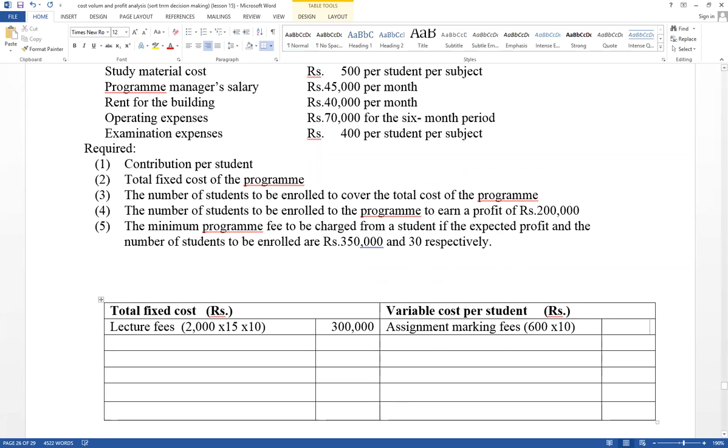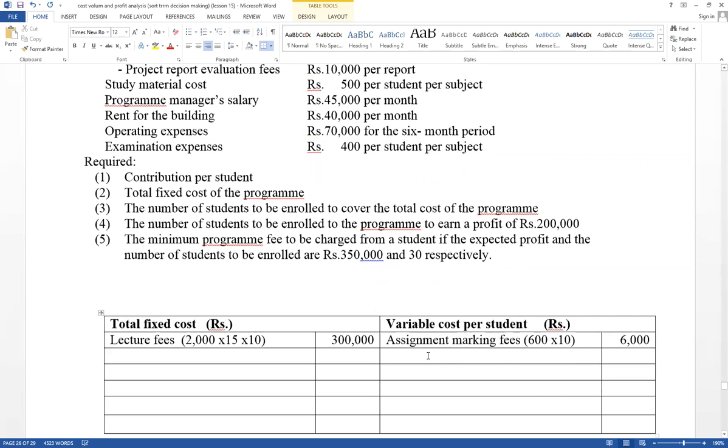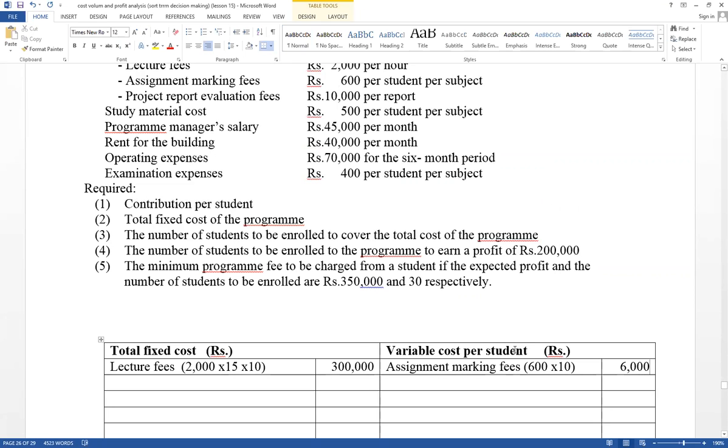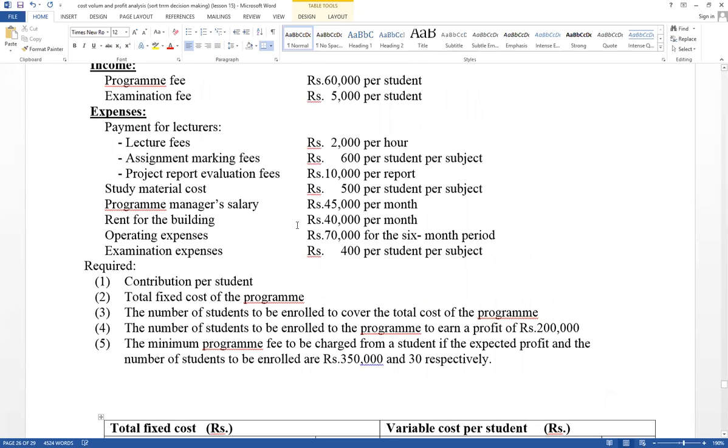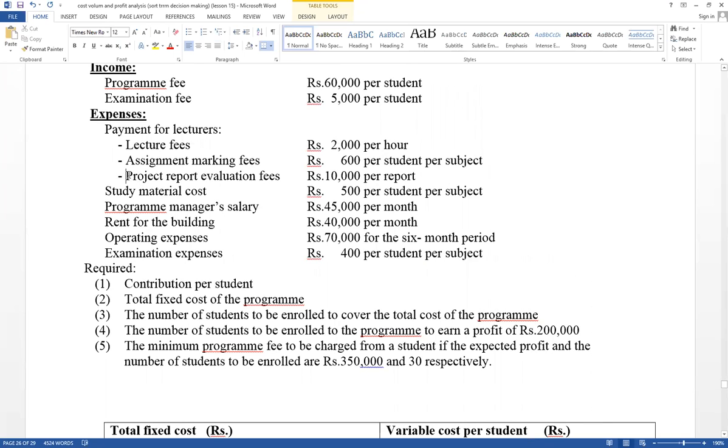Therefore, per student, this is the assignment marking fee per student. There are 10 subjects available in this program. You have to calculate variable cost per student, not per subject. Each student should follow 10 subjects. Therefore, into 10. And next one, project report evaluation fee.